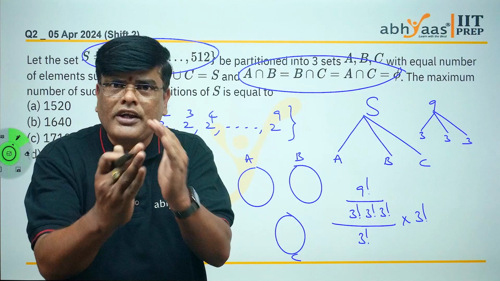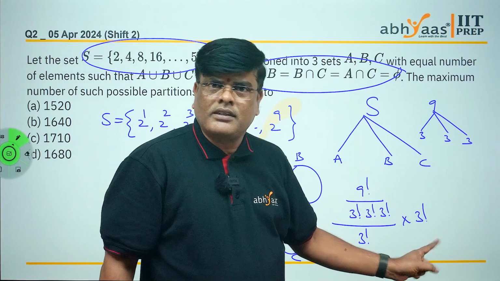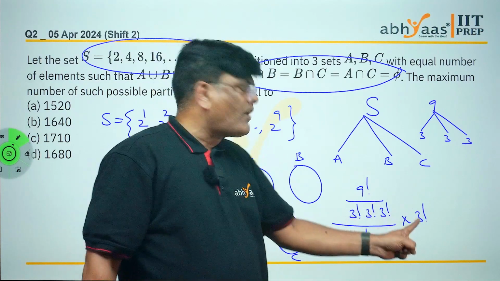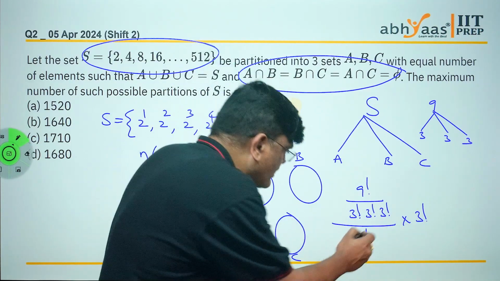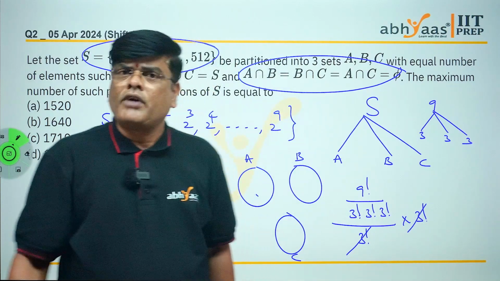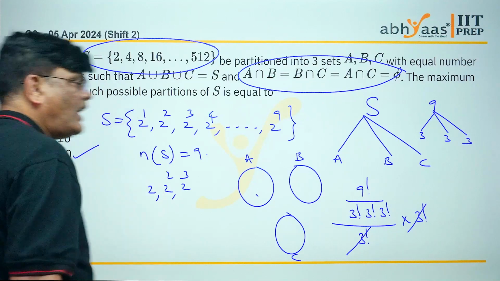So that means arranging the sets among themselves. It will be possible in how many ways? For 3 objects, how many ways can we arrange among themselves? 3 factorial. Now after doing the simplification, the 3 factorial will be cancelled. After simplification we get 1680.